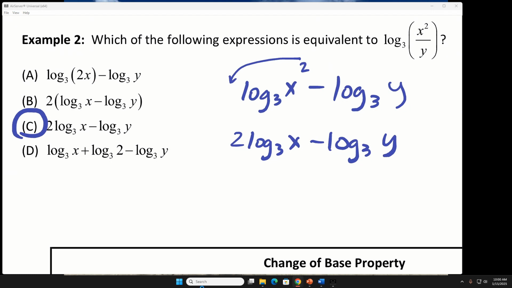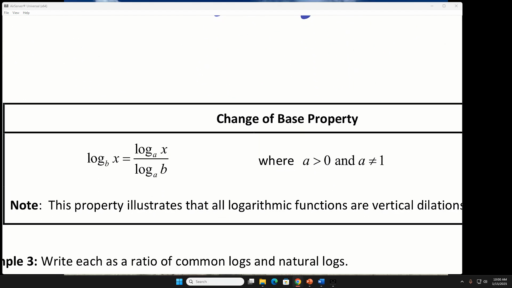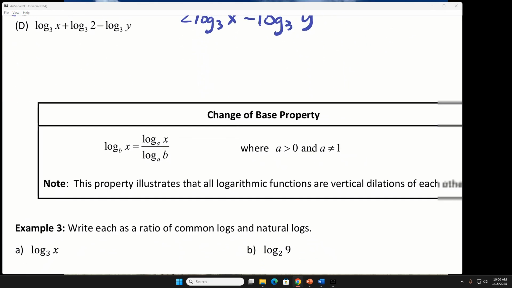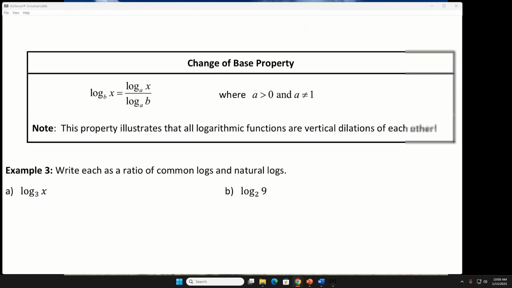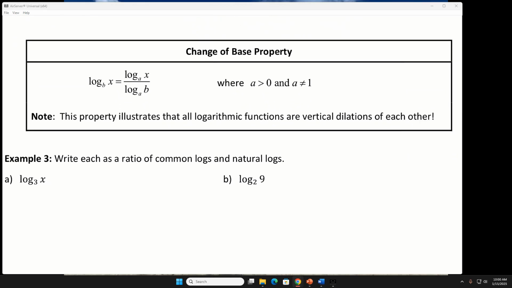All right, and we do have one more property to talk about. It's the change of base property. Now, when I first started teaching, the graphing calculators didn't have the log base function. They've been updated in the last 26 years.